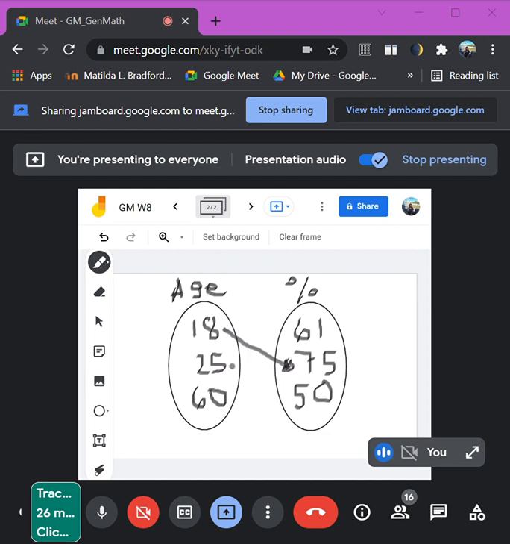And then atong 25 kay naay 50%. Well, ang kani siya is 61%. So, do you think this is a 1-to-1 function? Yes or no?